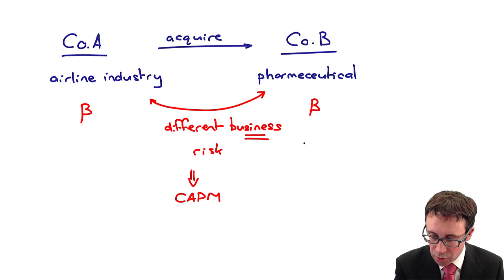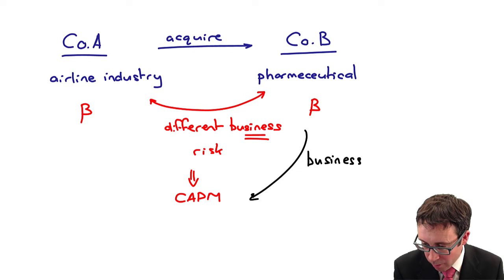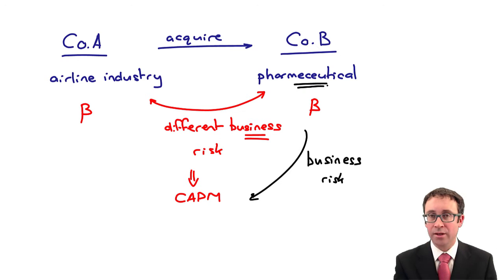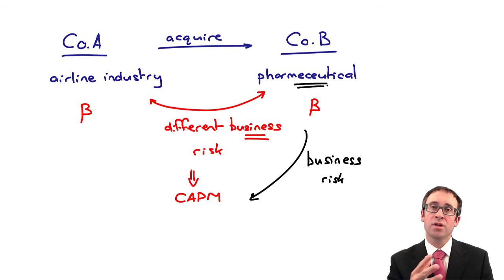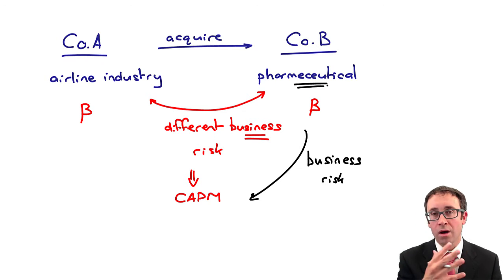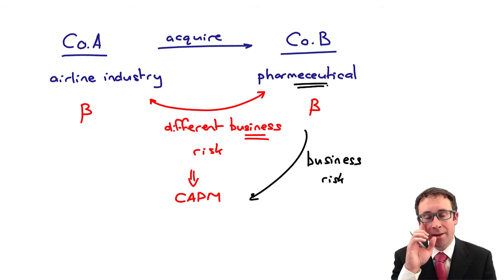So we need to ensure that CAPM reflects the business risk of the pharmaceutical industry, but that industry will have a different level of gearing to what our company has. So company A will have a different level of gearing to company B.